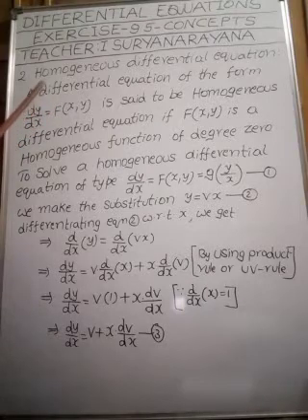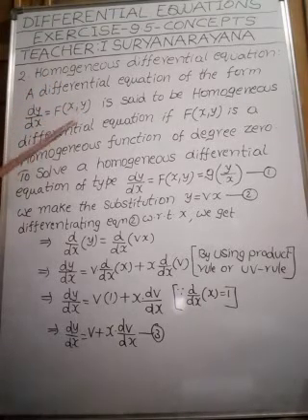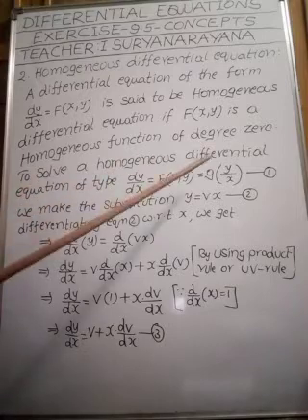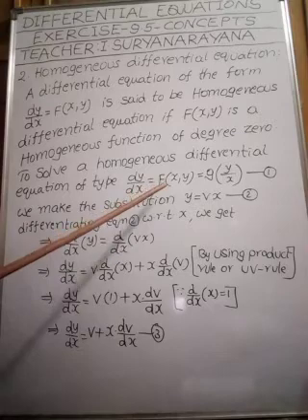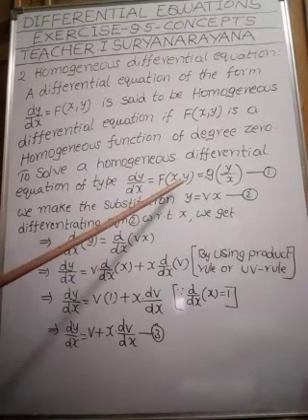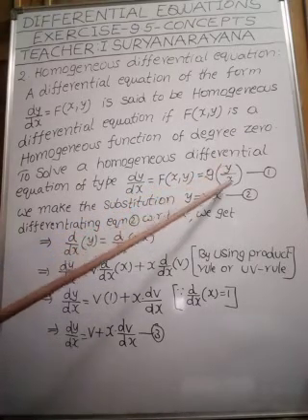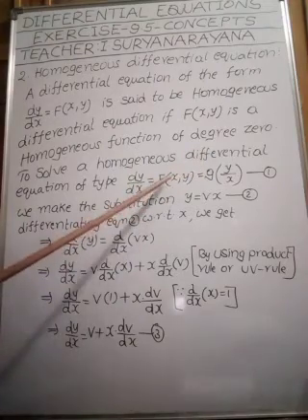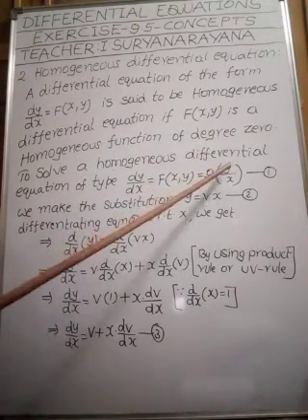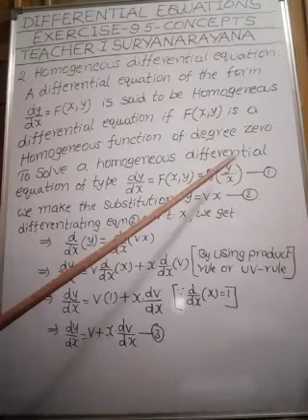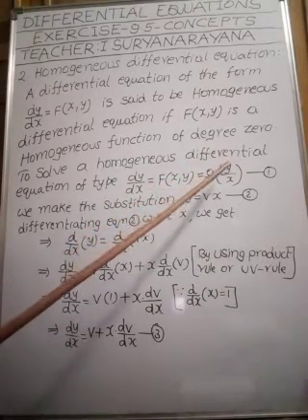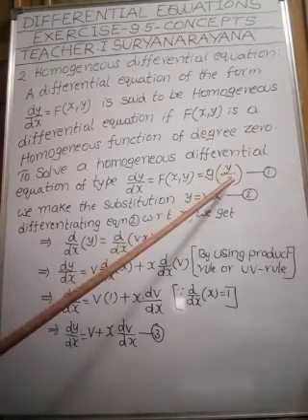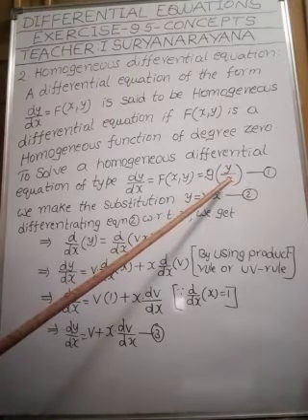Understood this point, my children? Right. To solve a homogeneous differential equation of type dy by dx is equal to f of x comma y, that is equal to g of y by x, we have to write this function in terms of y by x. Every term should be in terms of y by x. Understood this point, my children?